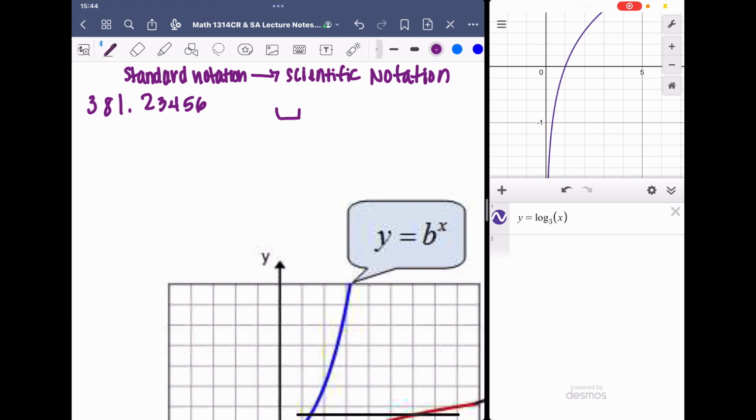Scientific notation means that the first digit, the ones place, is between 1 and 9. Then you have a decimal, and then any amount of numbers that follow, times 10 raised to the exponent. When the decimal moves left, the exponent is positive.